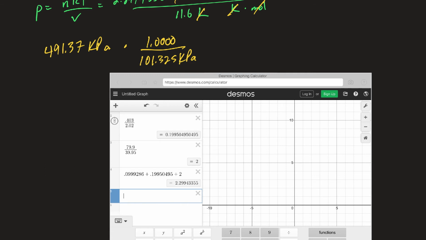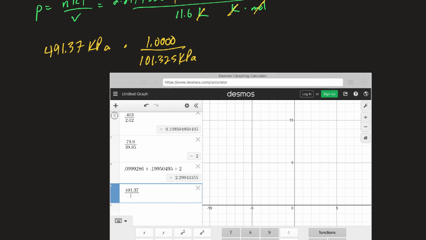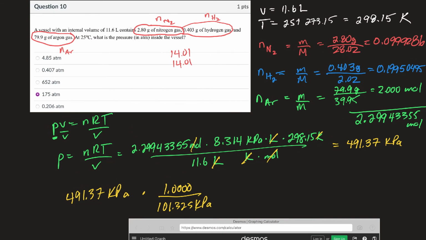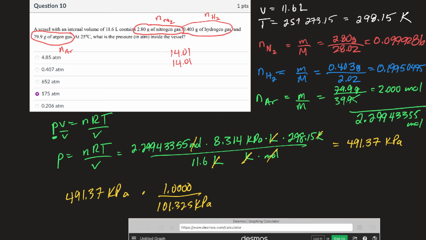I'll just type this in. 491.37 divided by 101.325 is 4.85, something like that. That's the one I'd pick.